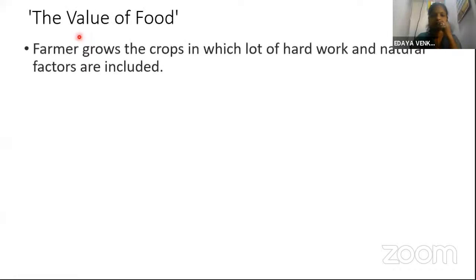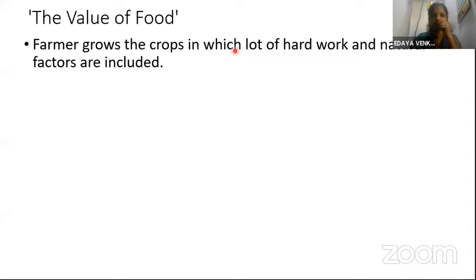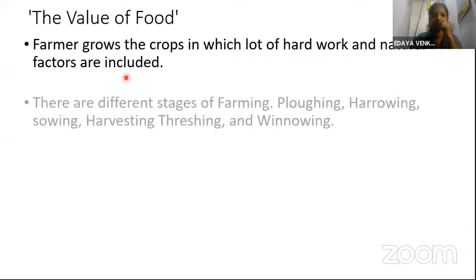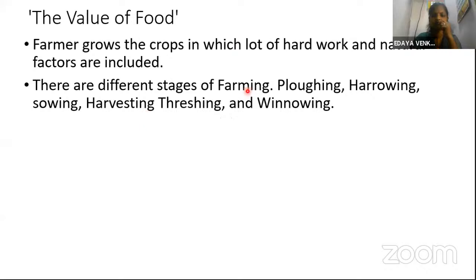We have to learn a few values from this lesson, that is the value of food. The farmer grows the crop, in which a lot of hard work and natural factors are included. There are different stages of farming like plowing, harrowing, sowing, harvesting, threshing, and winnowing.